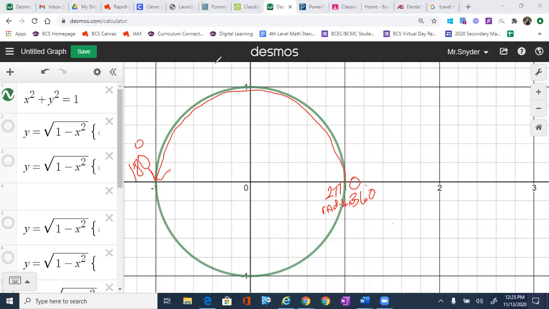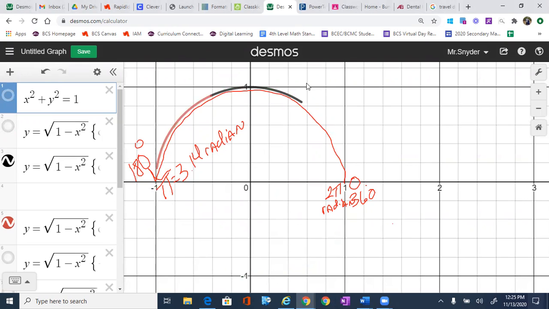If we went to 180 degrees, we would go pi, or 3.14 radians. How can we make sure that makes sense? I can turn on 1, 2, 3, and notice there is, again, just a little chunk that we are missing.